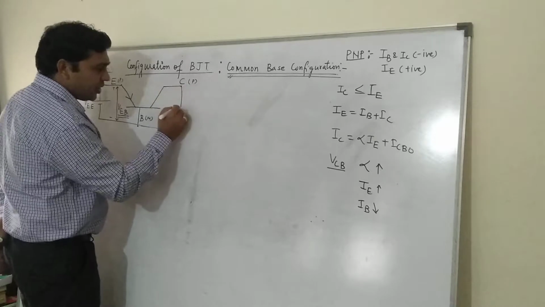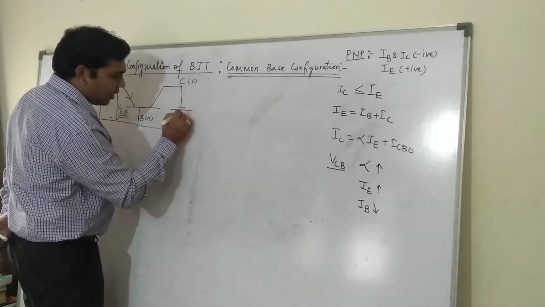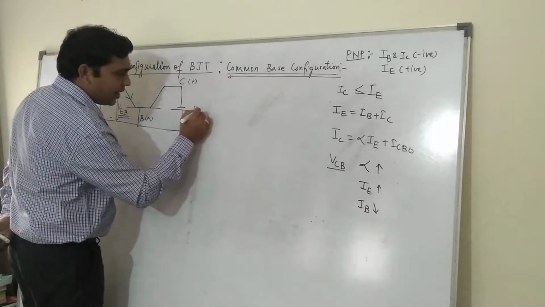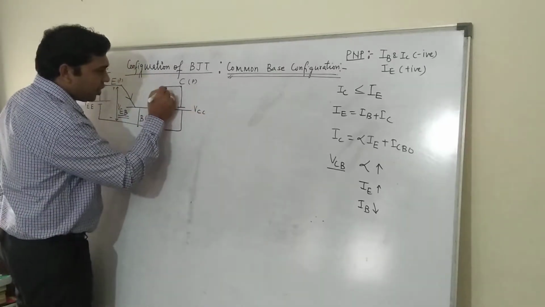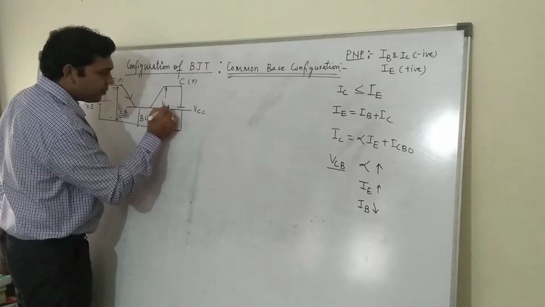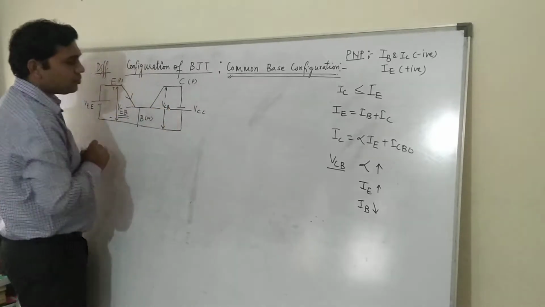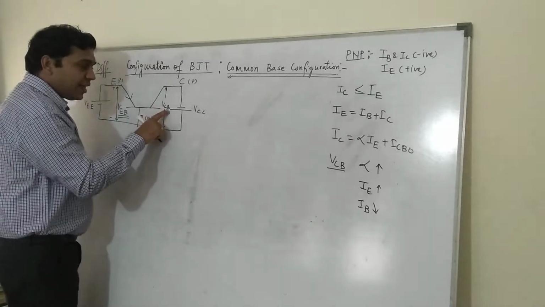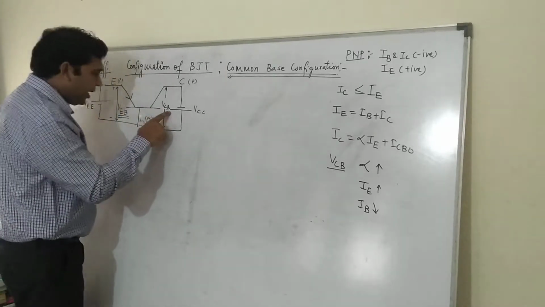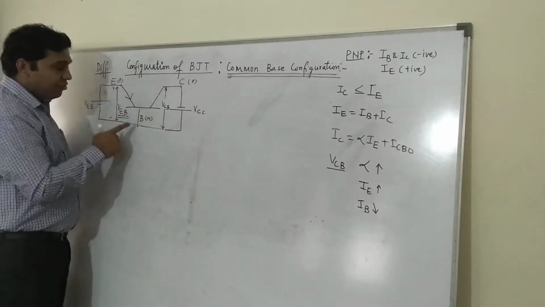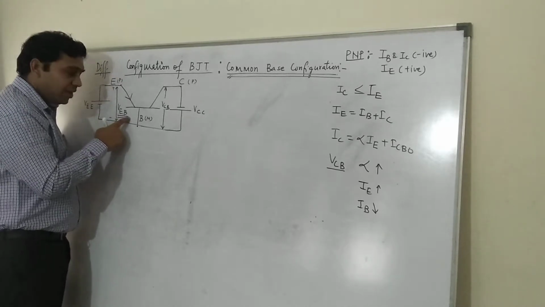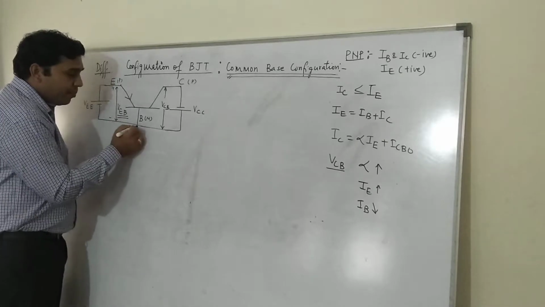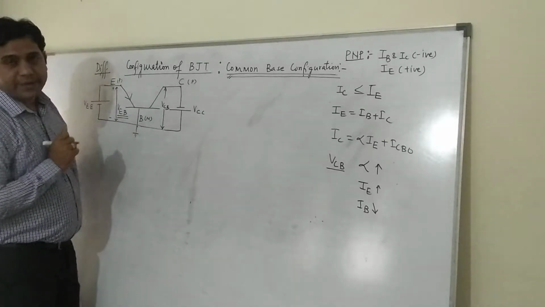This is P, so to make it reverse biased, connect positive with the N. Let's call it a battery VCC, and the voltage drop here is VCB. So if the base is the common terminal, we take VEB and VCB, measuring all the voltages with respect to the base. So this is the circuit.